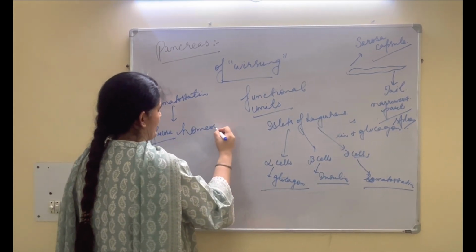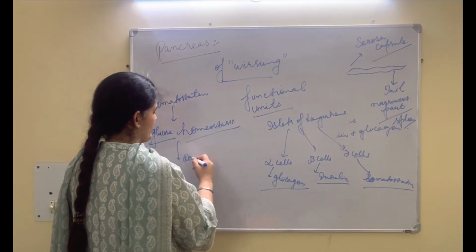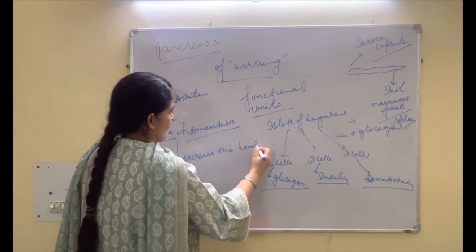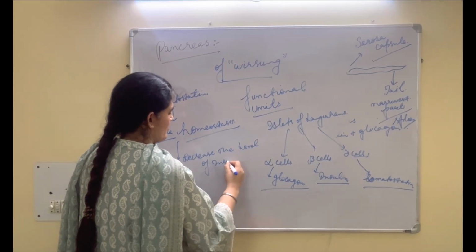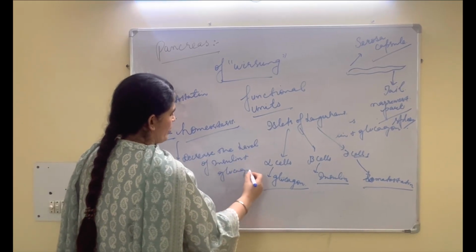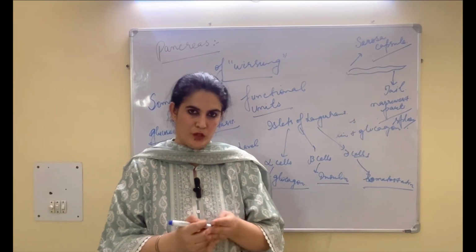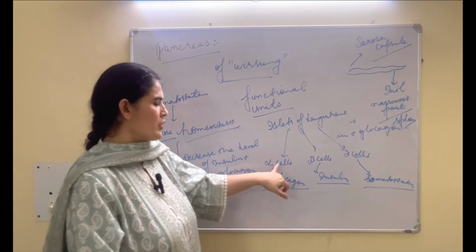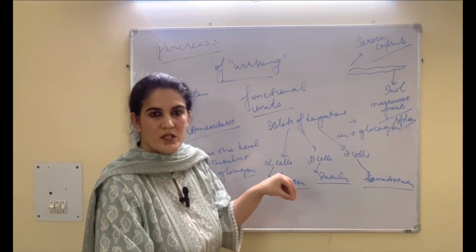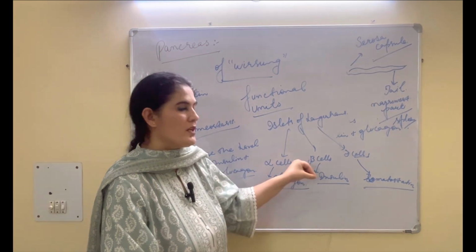Glucose homeostasis, what does it mean? It decreases the level of insulin and glucagon to maintain a stable blood sugar relationship. See, students, if there is excess of glucose in our blood, insulin is released.